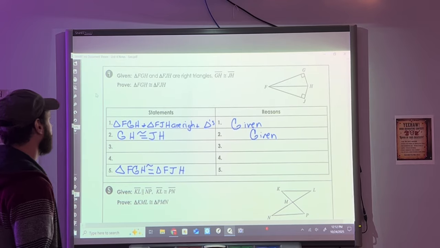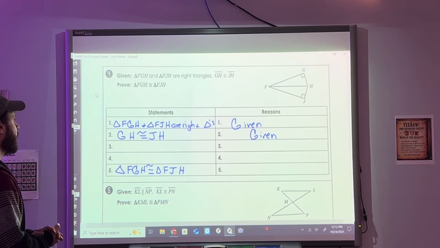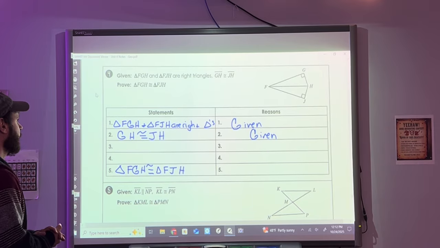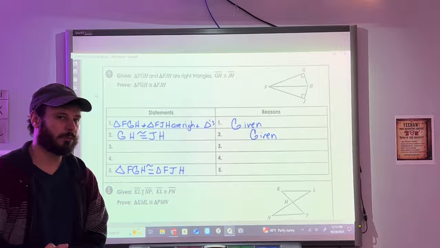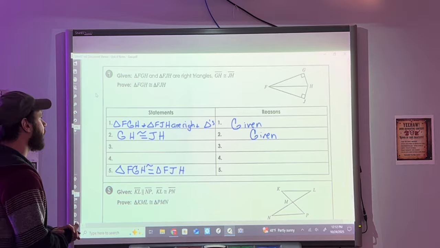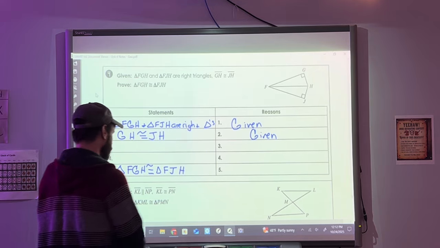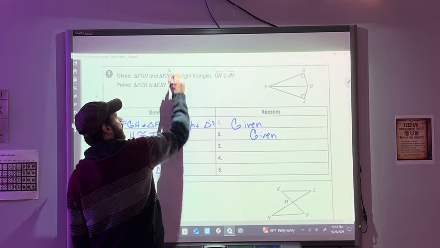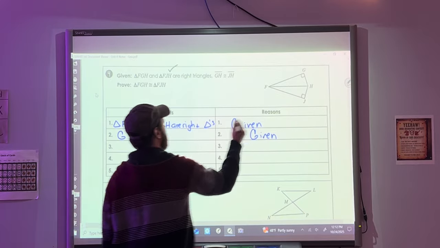Okay, the right triangles, I got some given stuff. Right triangles might be a hint as to which one we're gonna use. Maybe some of you have noticed that already, but that's label. Okay, it gave me the right triangle already. It drew that on there with those 90-degree corners, so that's already settled.